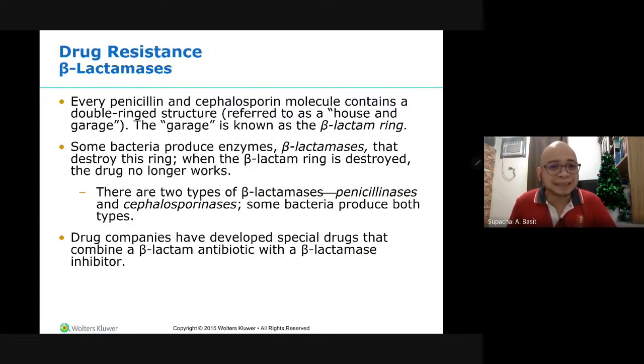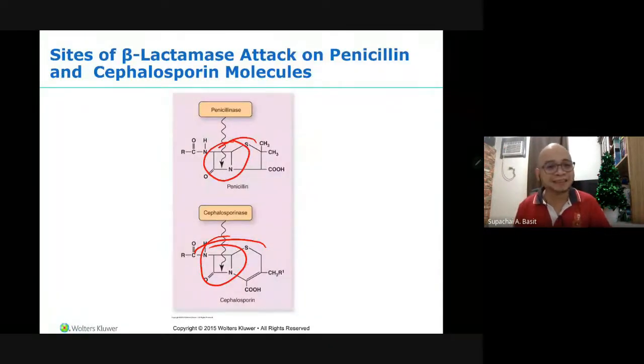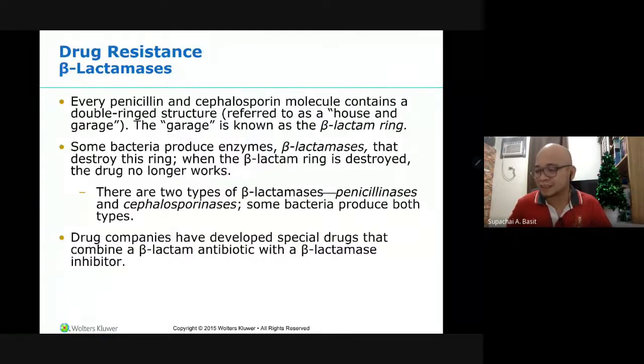So penicillin and cephalosporin molecules contain a double ring structure. It's the house and garage. So this one looks like the house, and this one looks like the garage. Okay, so they call it the house and the garage, known as the beta-lactam rings.